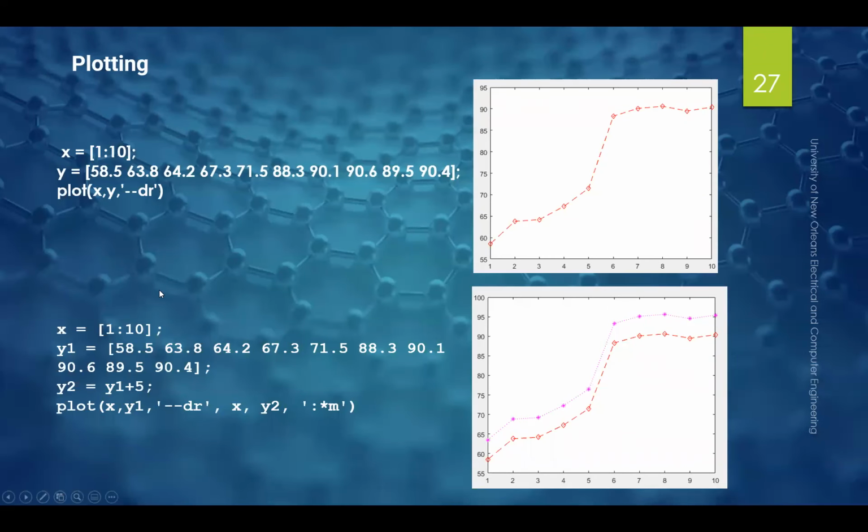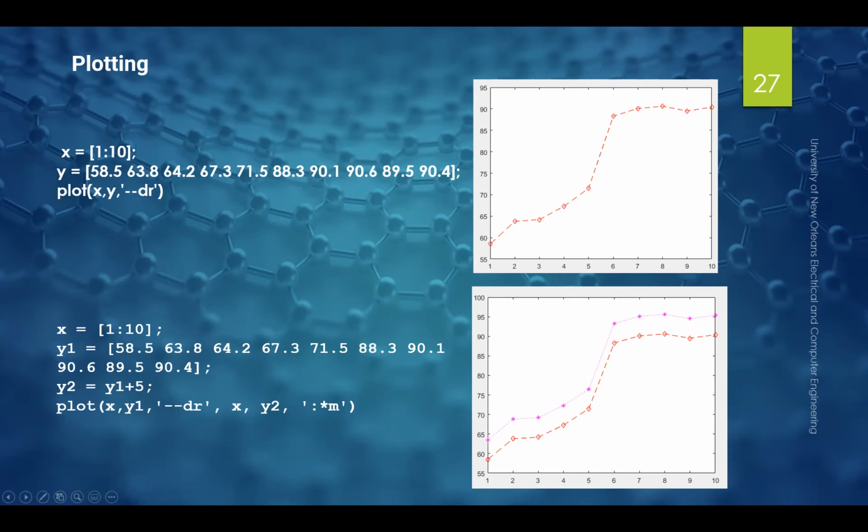And this is an example. In this first example, X varies from 1 to 10, and Y has these numbers associated with them. They come from somewhere. It's just a set of values associated with Y. And then if I say plot XY, and I follow it by, in quotes, always in single quotes, a double dash, and D and R. The double dash means the type of line I'm using.